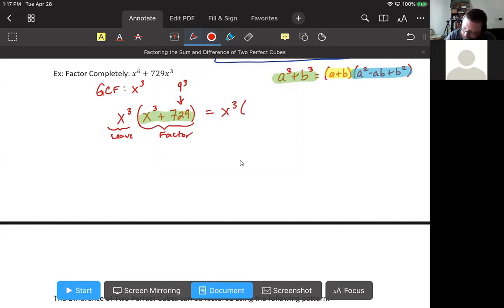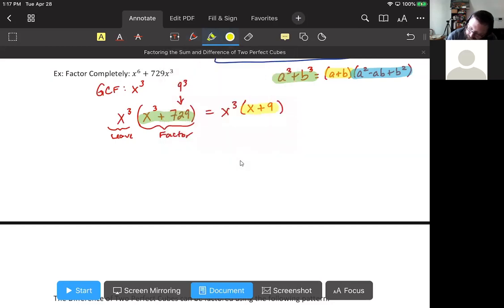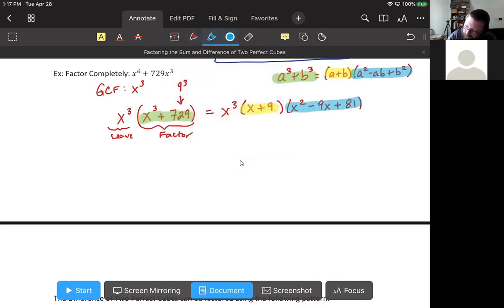And then the binomial x cubed plus 729 factors into x plus 9, which is the a plus b, times x squared minus 9x plus 81, which is your trinomial portion of that. So that is the final answer, x cubed times x plus 9 times x squared minus 9x plus 81.